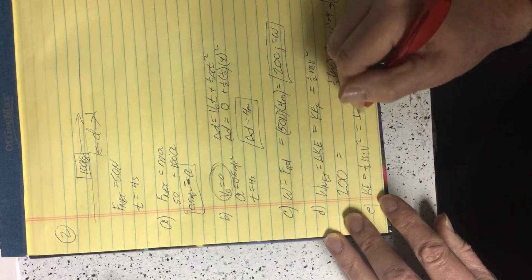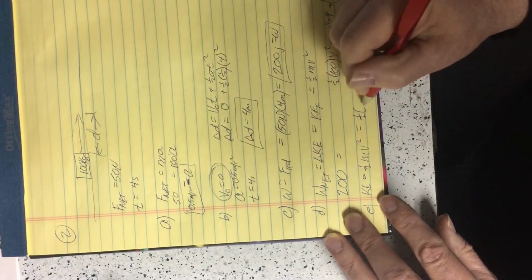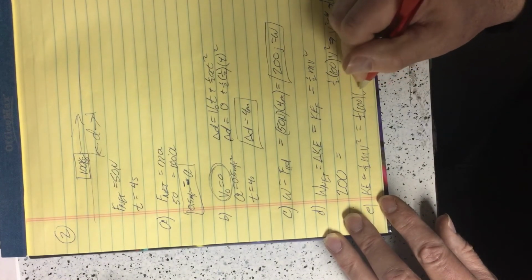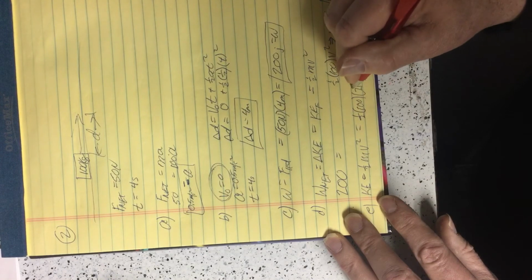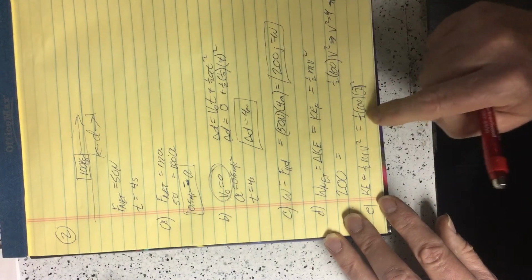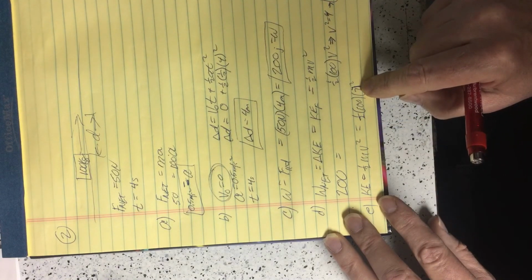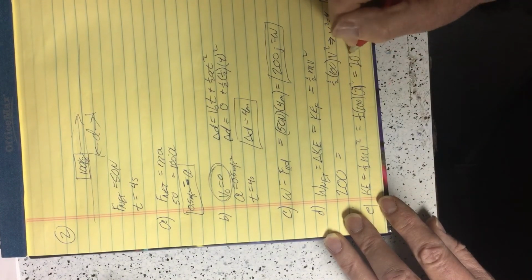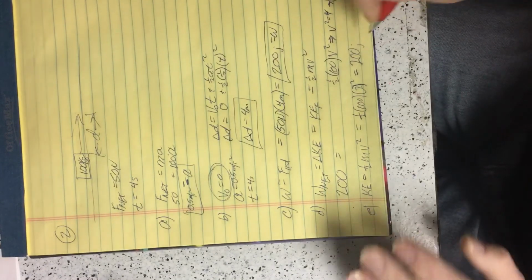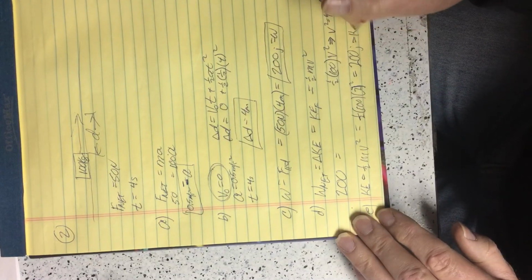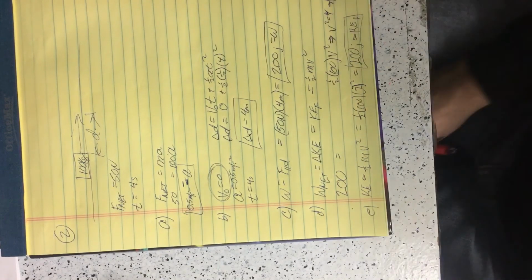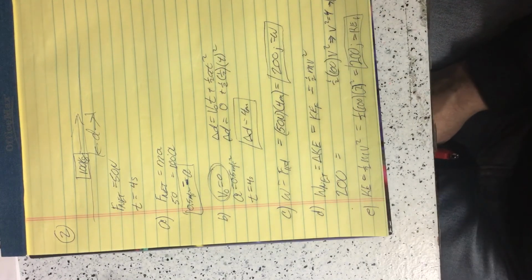That's equal to 1/2, the mass is 100, the velocity is 2, but the velocity is squared, so it's 2 squared. This half takes out one of those 2's. You still have 2 left. 2 times 100 is equal to 200 joules. That's equal to the final kinetic energy.